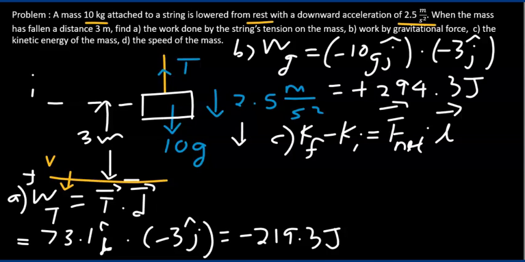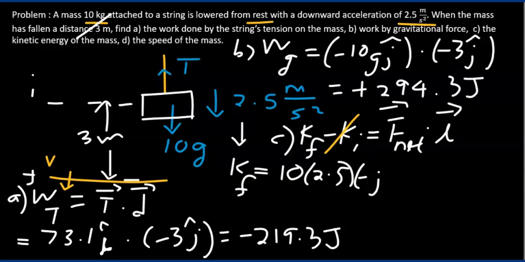Kinetic energy initial is 0, so that goes away. So the kinetic energy at that 3 meter point equals the net force. The net force is ma according to Newton's second law. We know the mass of this object, 10 kg. We know the acceleration, 2.5. The acceleration is downward, so the net force is also downwards.